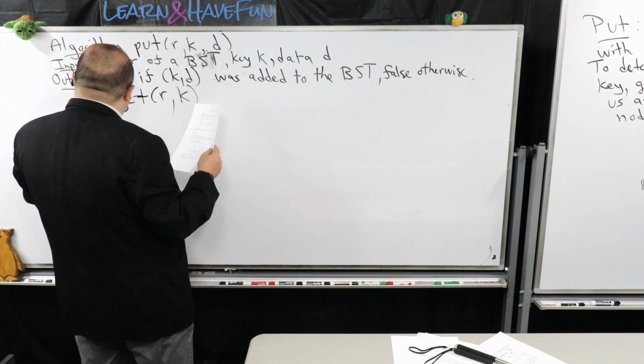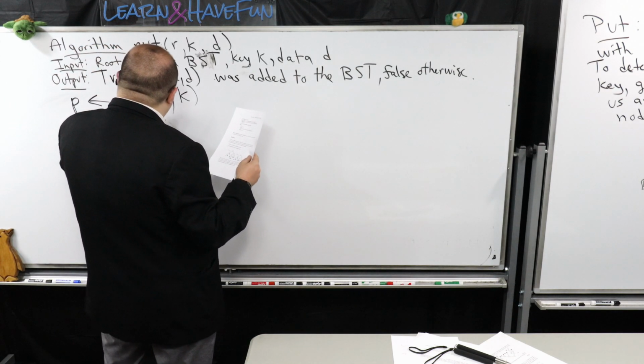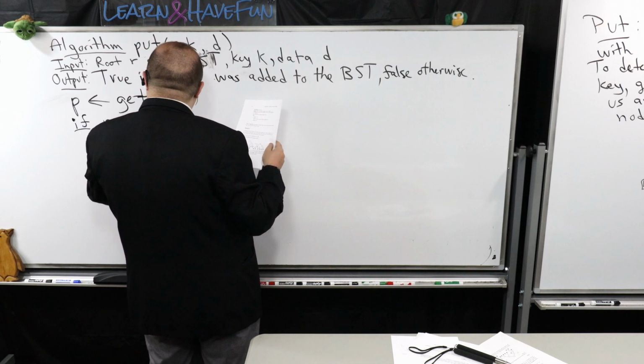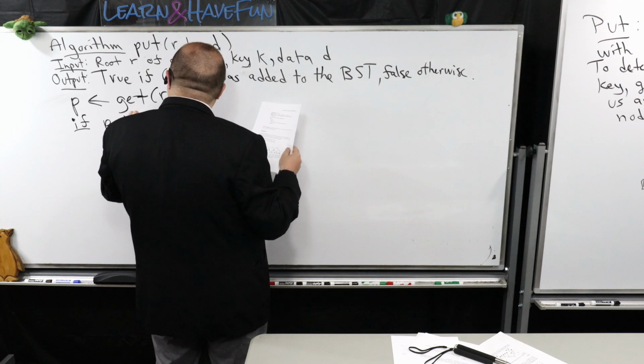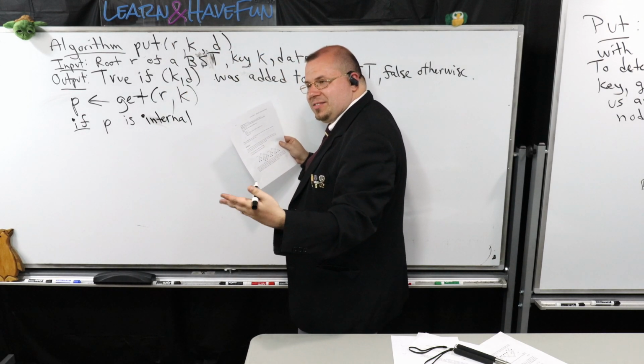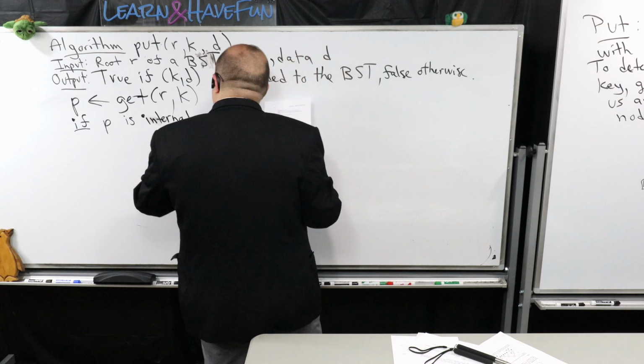If P is internal, which means it's the opposite of being a leaf. If it's not a leaf, it has to be an internal node.